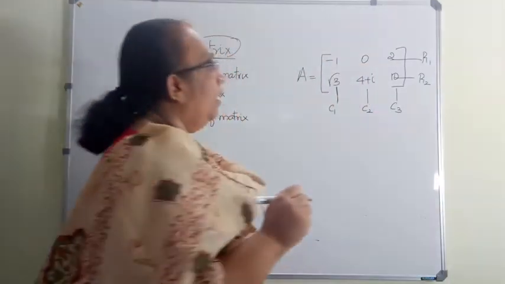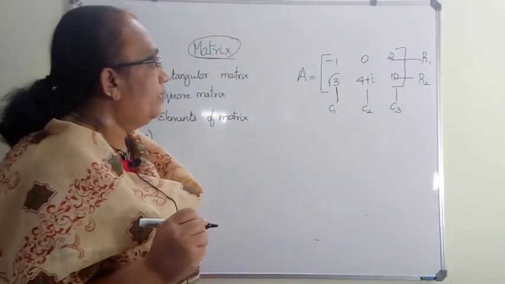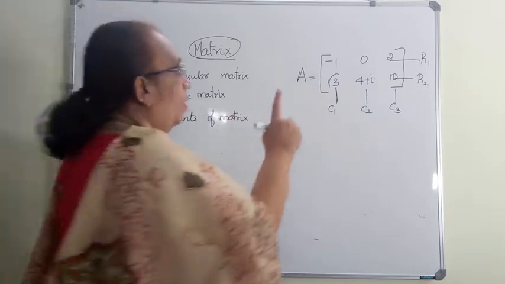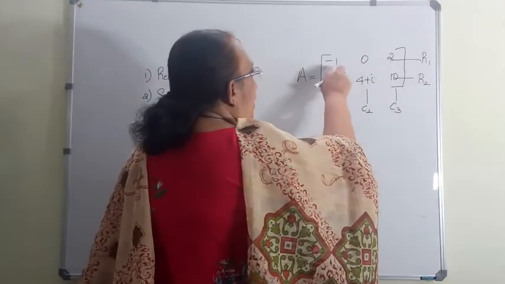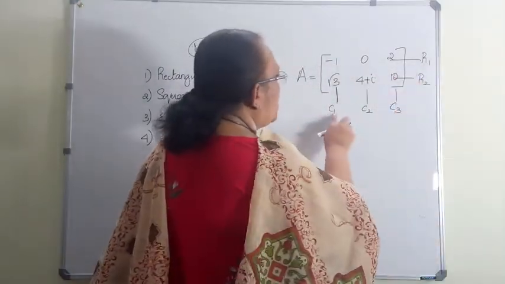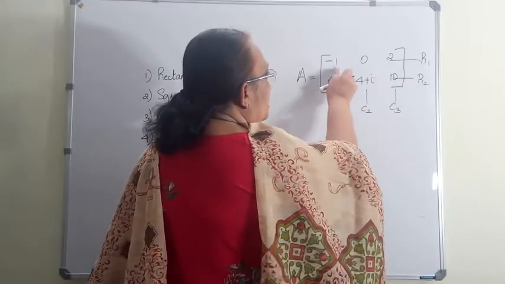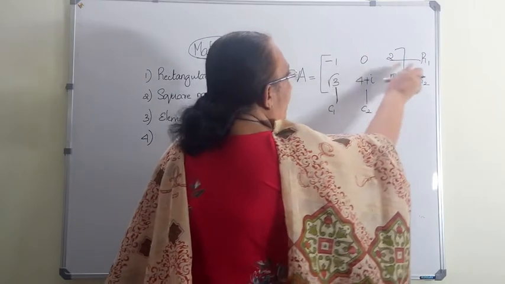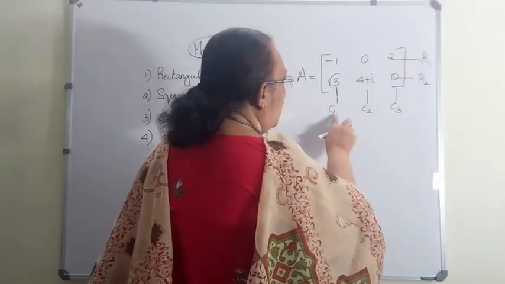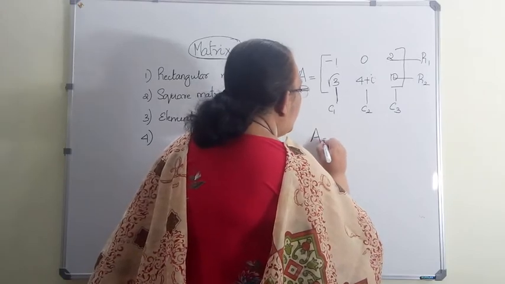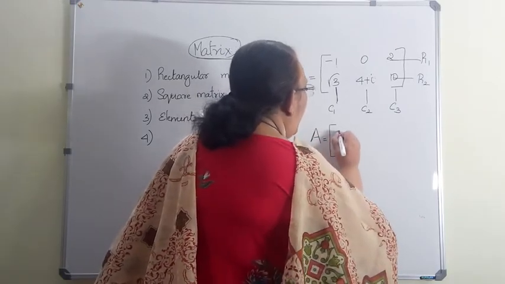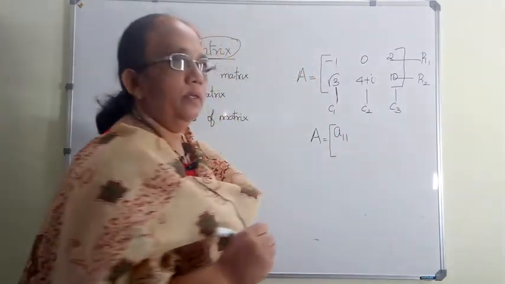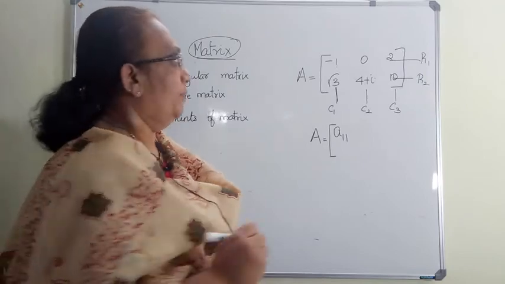Now, when you look at the number -1, it occupies the place in the first row, first column. In the matrix A, -1 occupies the place in the first row, first column. So, we can write that symbolically as an element with suffix first row, first column.